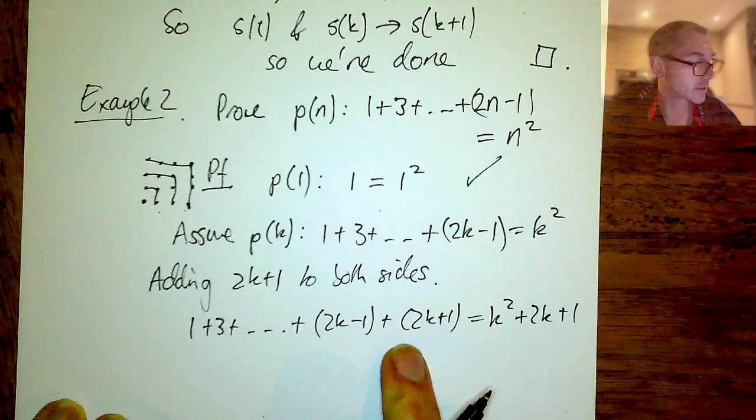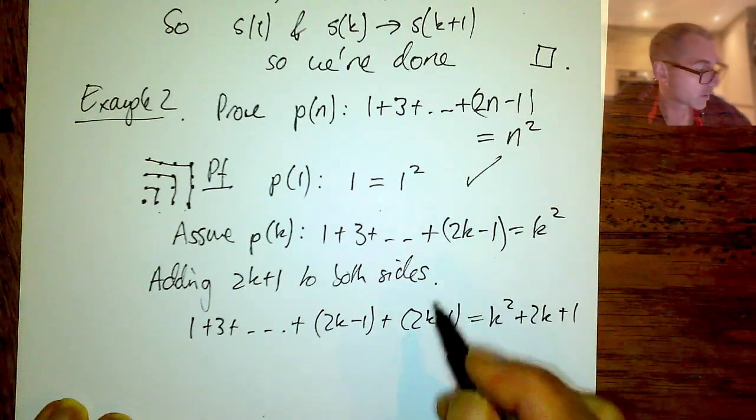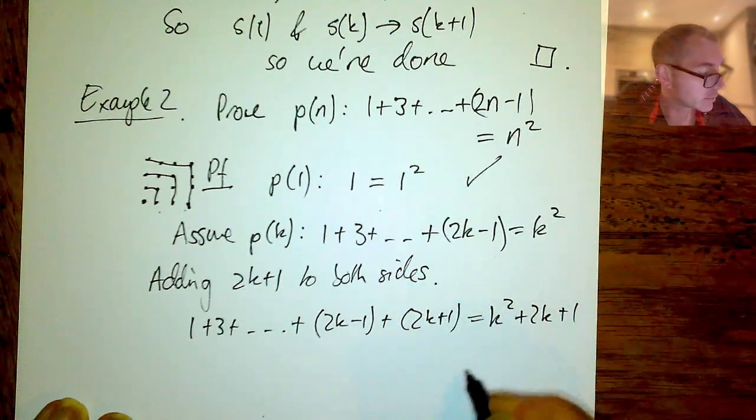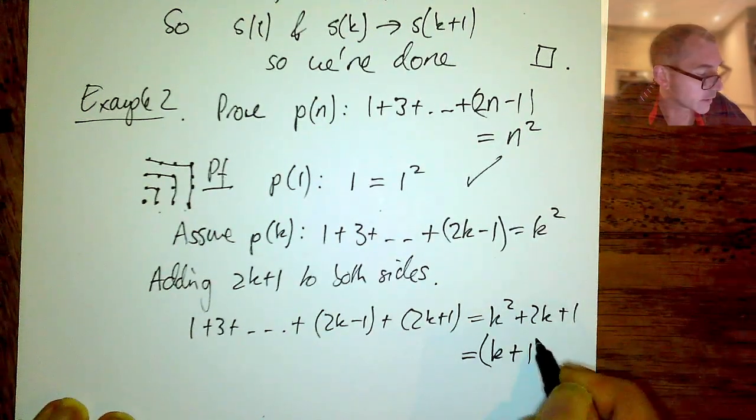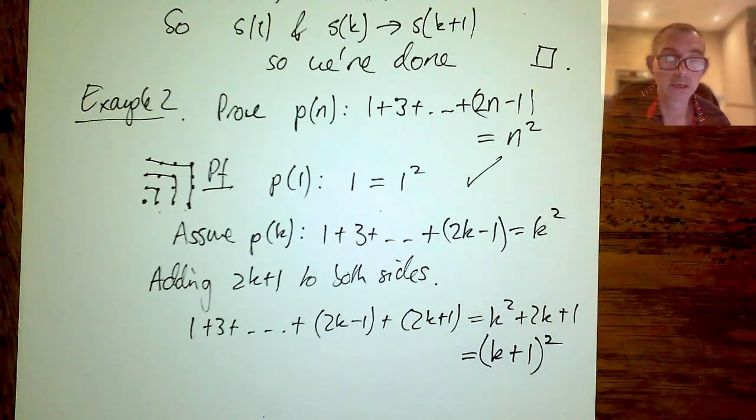So this left-hand side is exactly what it should be. And the right-hand side, well, that factorizes nicely, doesn't it? We've all seen that before. It's equal to (k plus 1) all squared.